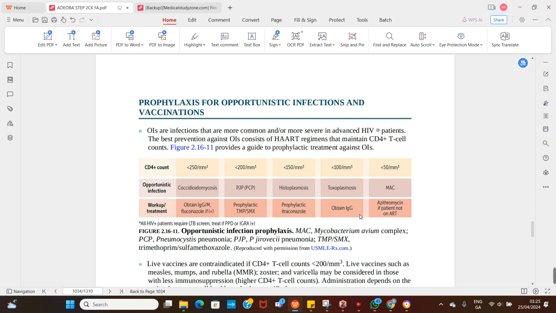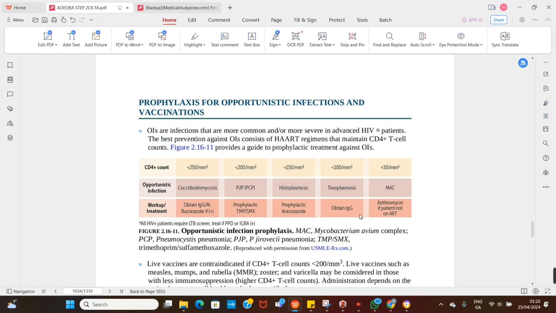So what are the prophylaxis for opportunistic infections? These are just the guidelines, basically. We just have to remember the MOSIS. Very, very important. The MOSIS of the opportunistic infections. Because opportunistic infections are very common in people with very low counts, particularly less than let's say 500. It gets scary when it starts getting less than 200.